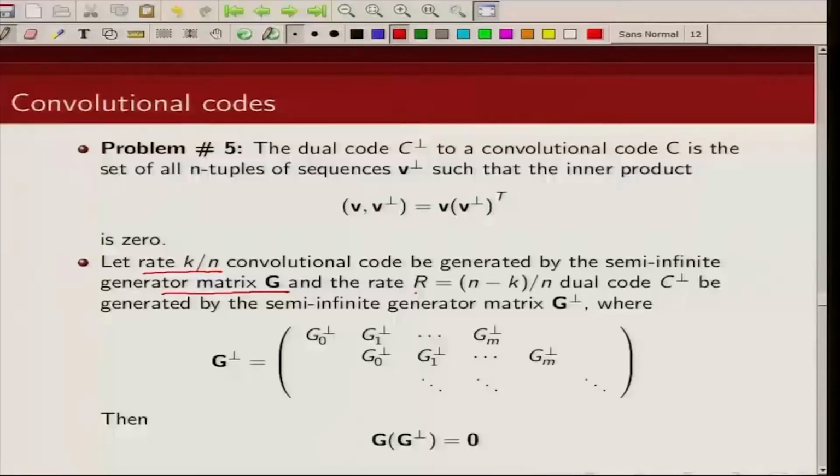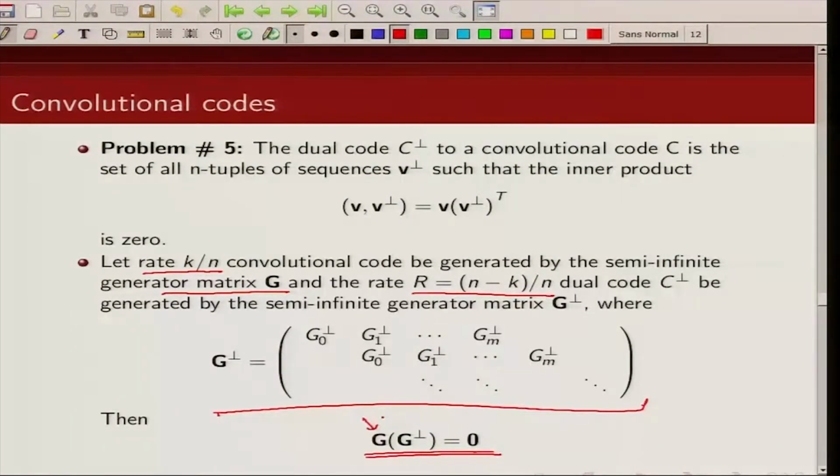Let us say the dual code, which has rate n minus k by n, is generated by this semi-infinite generator matrix. Then show that G times G dual transpose will be 0, where G is the generator matrix of the original code and G dual is the generator matrix of the dual code.